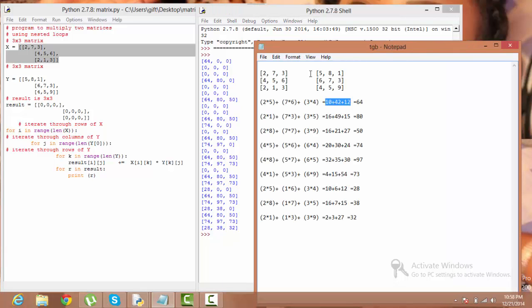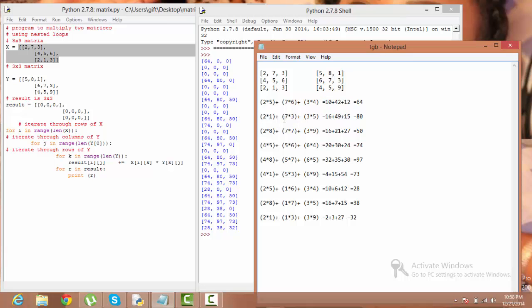I'm going to do the next one again. So we are done with this first row. Now we are going to use this same row multiplied by the next column in the second matrix.